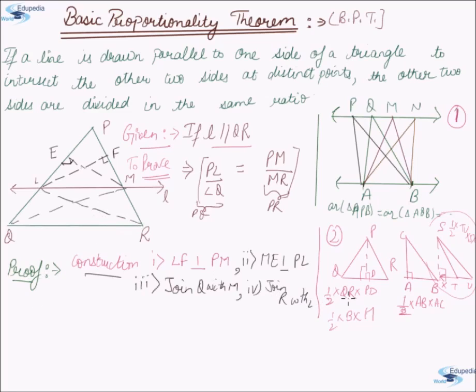Now friends, we have PL and LQ in the triangles PLM and LQM respectively. So utilizing this area concept, the area of triangle PLM, because we need PL, so let us take base as PL into height.